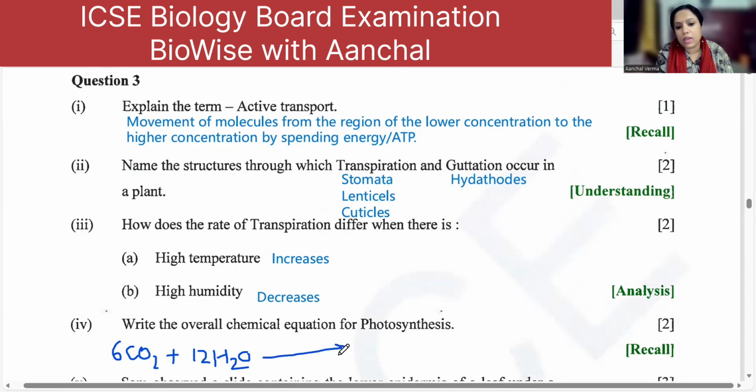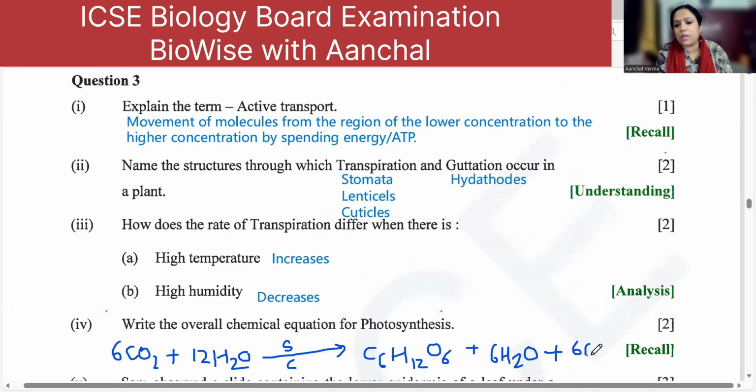On the arrow, you have to write sunlight and chlorophyll. Then you have the formation of C6H12O6 plus 6 molecules of water and 6 molecules of oxygen.